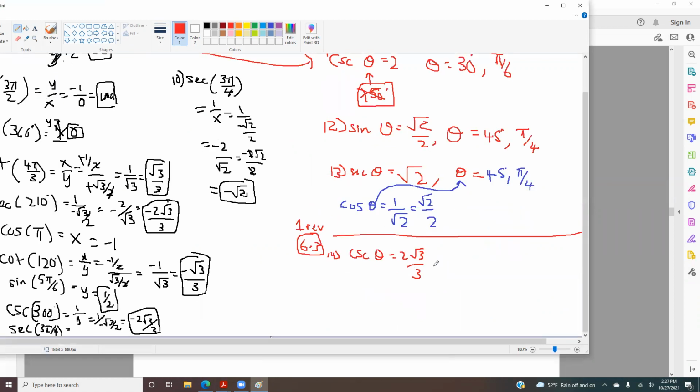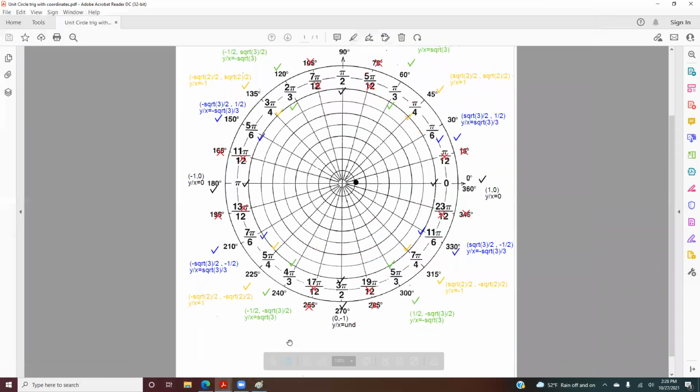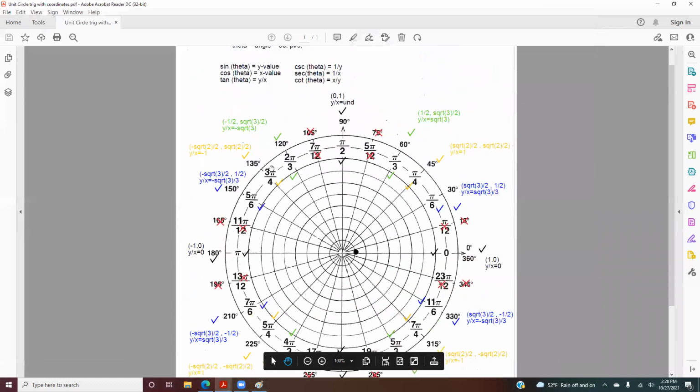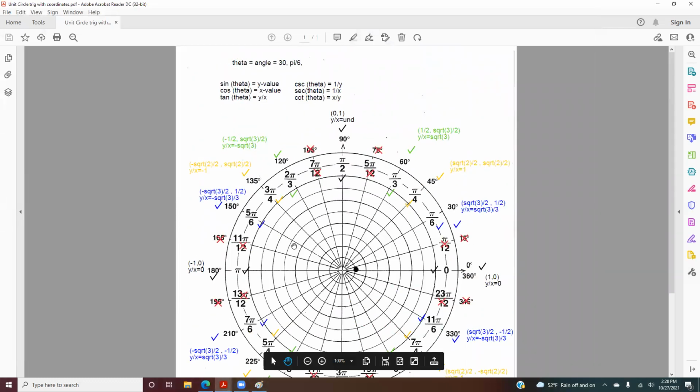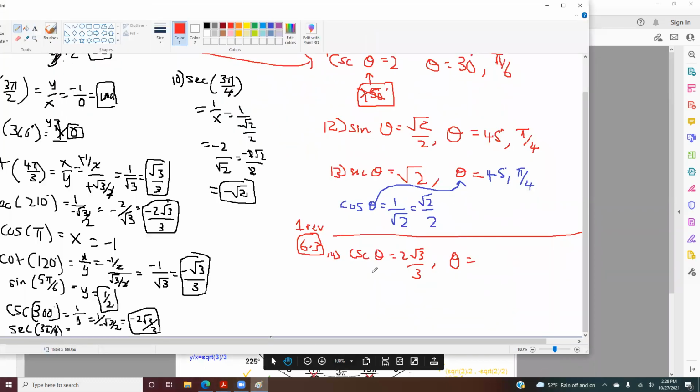Anyone know how to do this one? Yes, you can just use sine, cosine, tangent, but if I give you cosecant or secant and cotangent, you have to change to sine, cosine, tangent. The unit circle only gives you x, y, so unfortunately, you have to convert this.